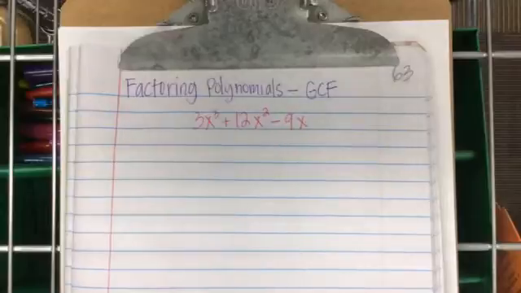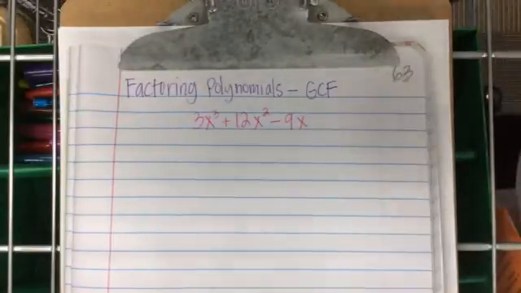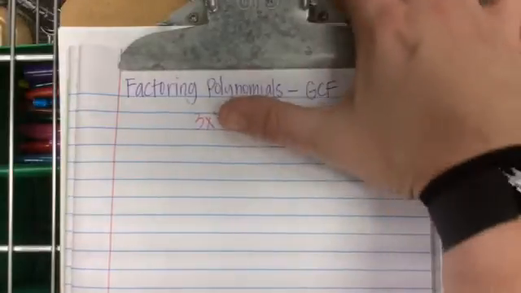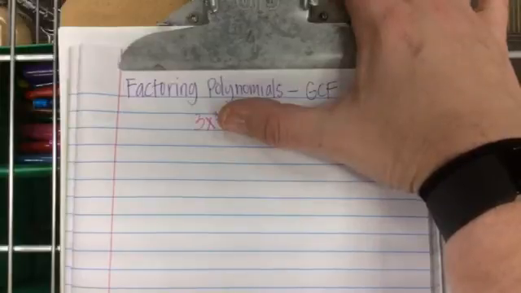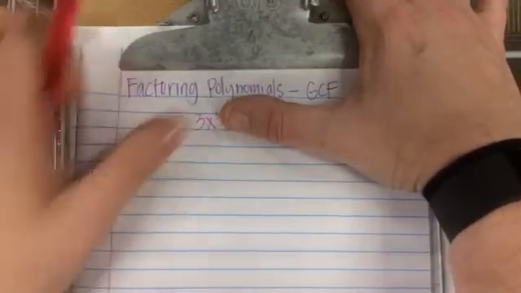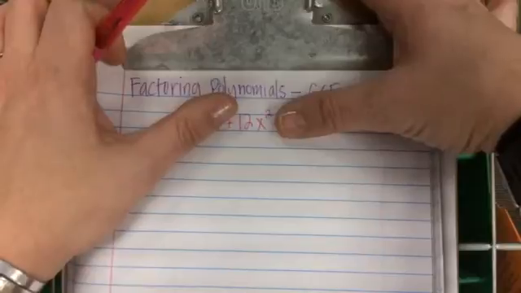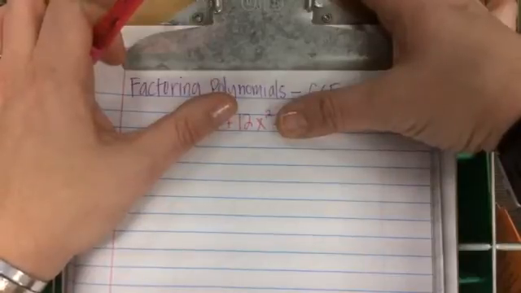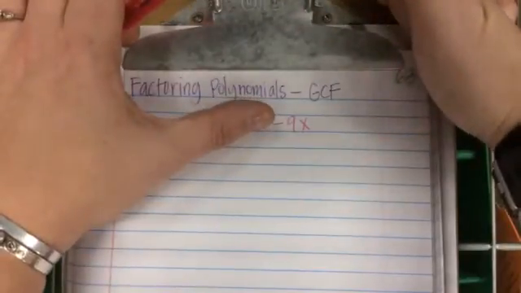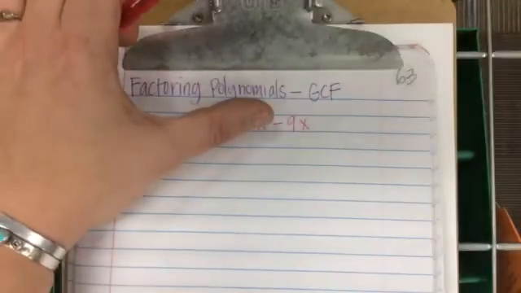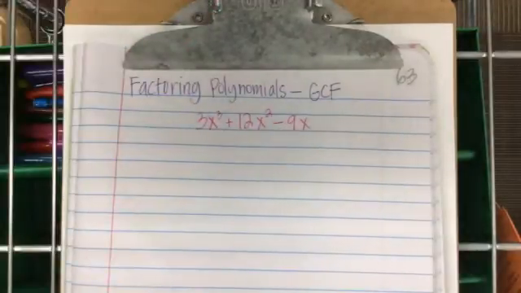But really, it's the same thing as if they were just independent of each other, right? If it was just 3x to the third and 12x squared and negative 9x. We just have our terms, our monomials all put together into a math problem.